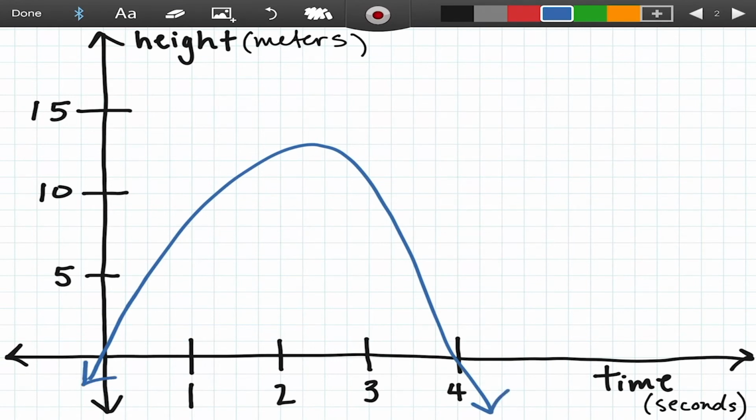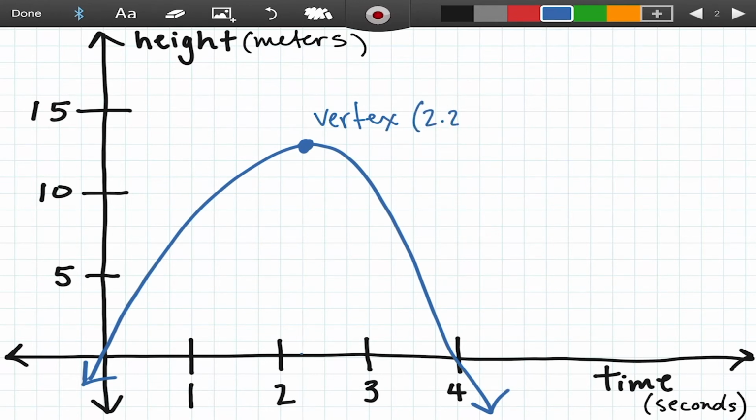Okay, I want to ask you some questions. Remember what we talked about before. We have a vertex. The vertex is right here. That's at, we'll say, 2.2, why not?